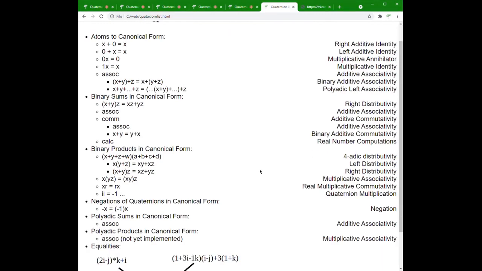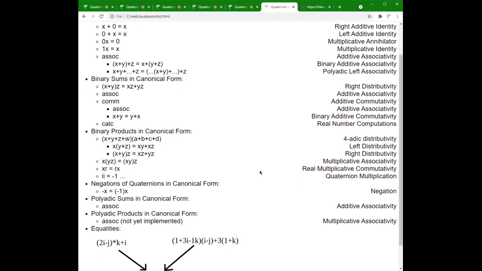Of course, you're probably going to want a few more rules than that. This system right now isn't really designed for ease of use, and I'm hoping to add a bunch more rules that will make it much easier to use without having to think a whole bunch about associativity in particular, because nobody wants to think about associativity too much.